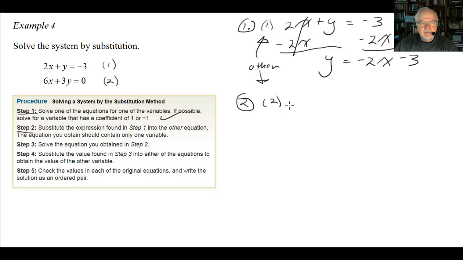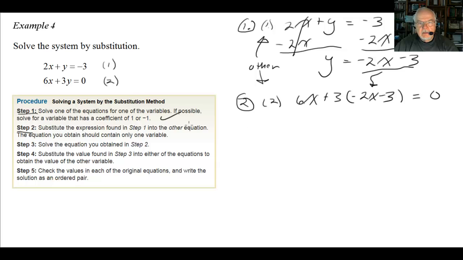First we have to copy equation 2: 6x plus 3. Let's leave some space here so we can substitute this in there. And the right-hand side is going to be 0. So I plug that in. I get minus 2x minus 3.